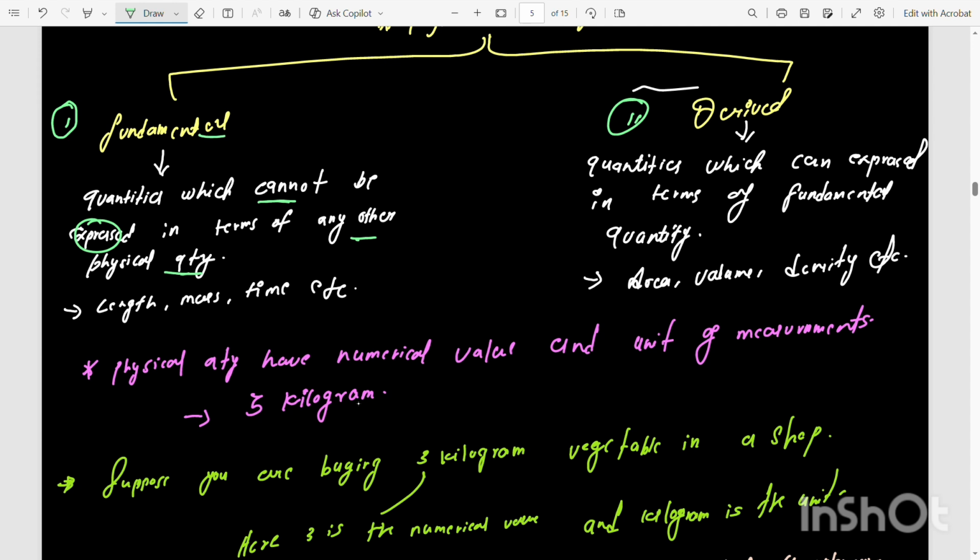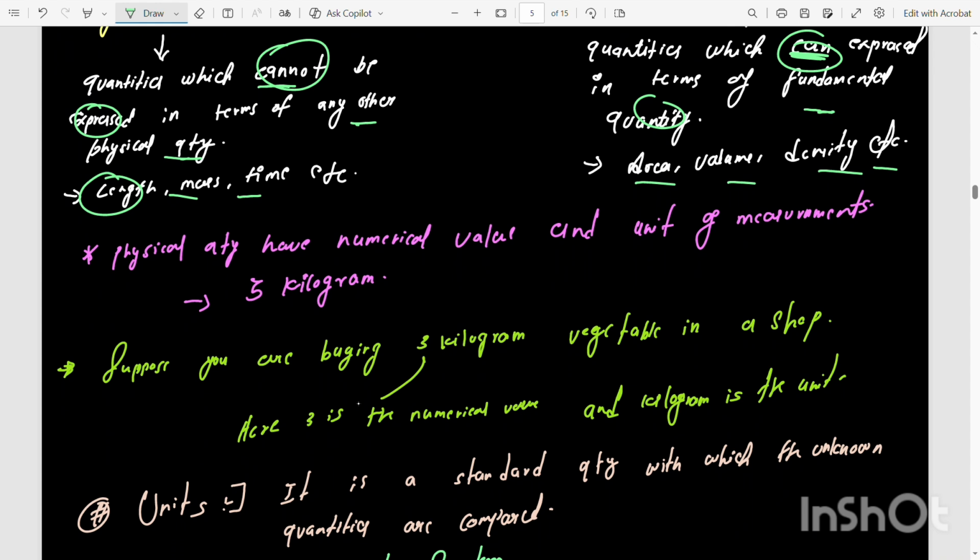It means the quantities which are not able to be expressed in terms of any other physical quantity, for example length, mass, time, etc. If we talk about derived quantity, it is the quantity which can be expressed in terms of fundamental quantities, for example area, volume, density and etc.